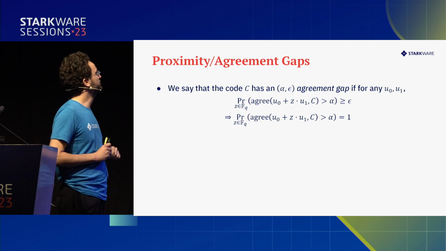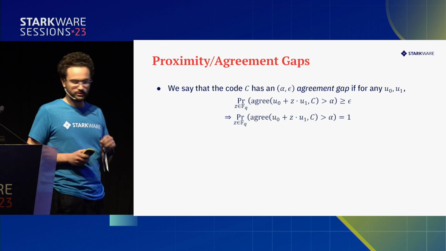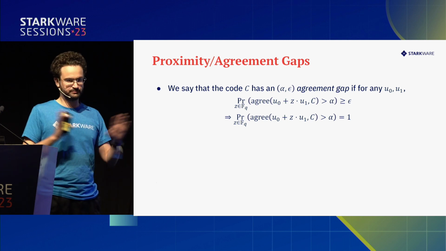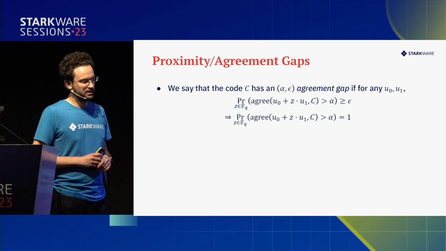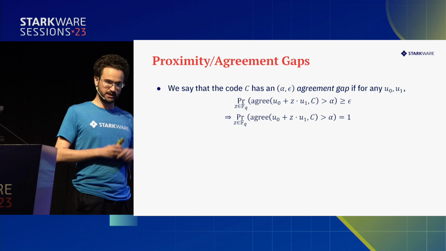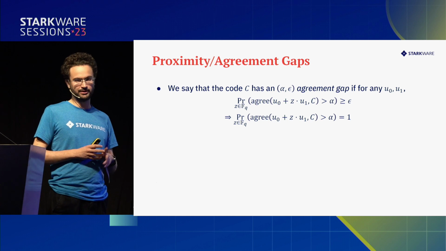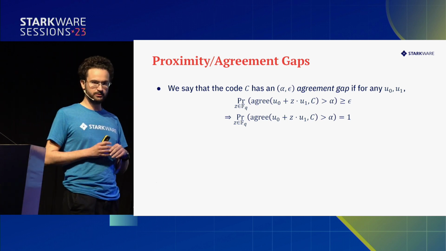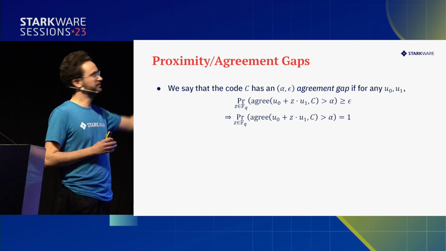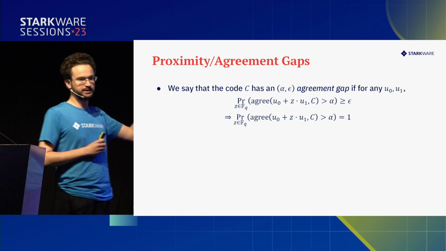We say that this Reed-Solomon code has this alpha epsilon agreement gap if for any two words U0 and U1, just functions from D to FQ, when we take random linear combinations of these functions, U0 plus Z U1, and we measure the agreement with the code, if it has agreement greater than alpha with probability greater than epsilon, so that means that for at least epsilon times Q values of Z the agreement will be greater than alpha, then actually it will be true for every Z. But it can't be somewhere in the middle.